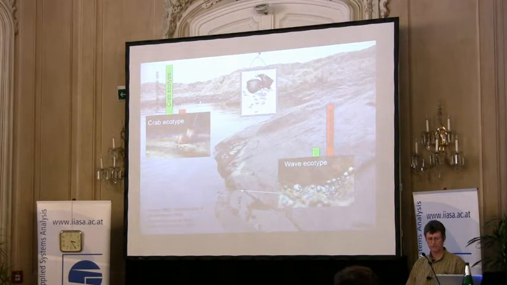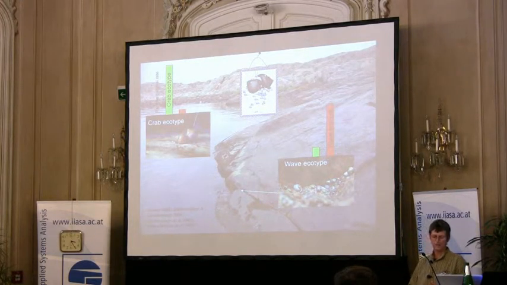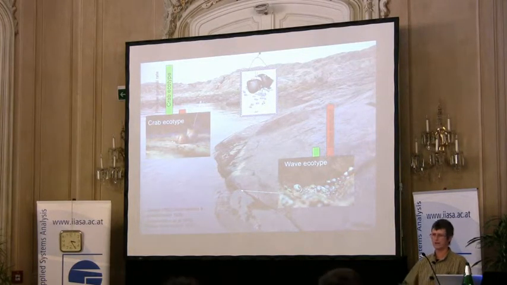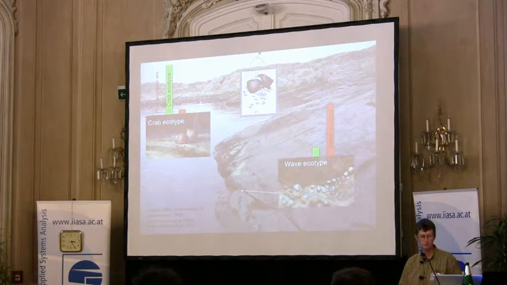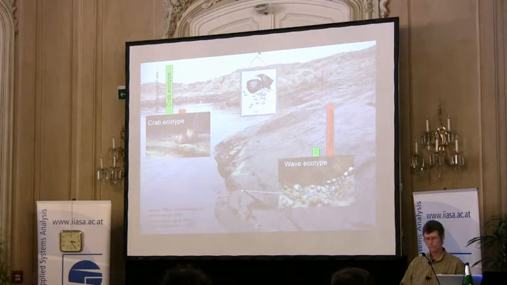The background to the ecotype formation is, of course, that there is a lot of selection in different directions here. So in the wave-exposed cliff side, the wave ecotype survives about 10 times as well as the crab ecotype, and the other way around in the boulder beach where we have lots of crabs: the wave ecotypes are doing quite badly, while the crab ecotype is doing quite well.